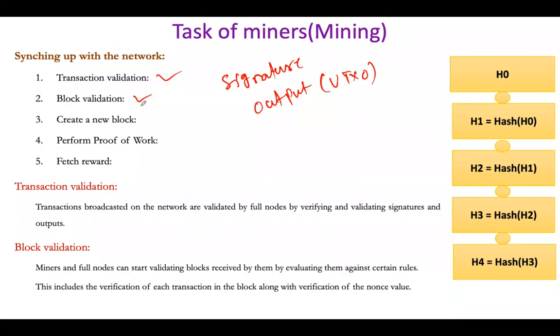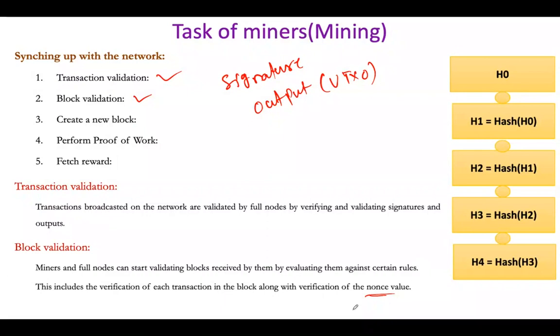This includes verification of each transaction in the block along with verification of the nonce value. That tells whether the block is a new block or an old block. If it is a new block, it checks whether all the transactions are the same as in the previous block or any new transactions are added.